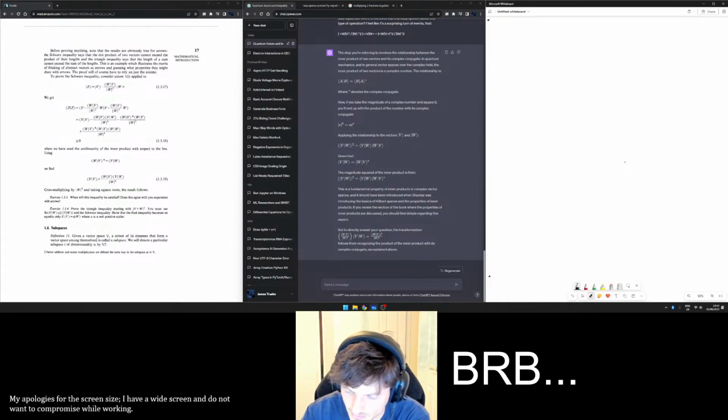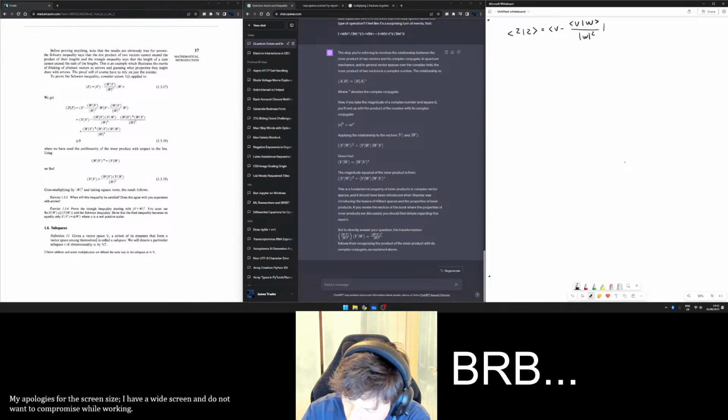So let's start again. We've got z equals v minus vw over the magnitude of w squared, multiplied by w. Okay, it's working. Is it just w like that? Yeah, it is.